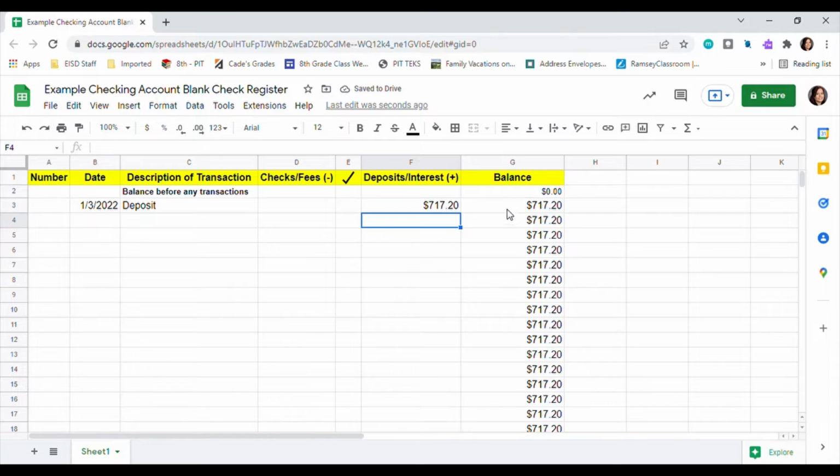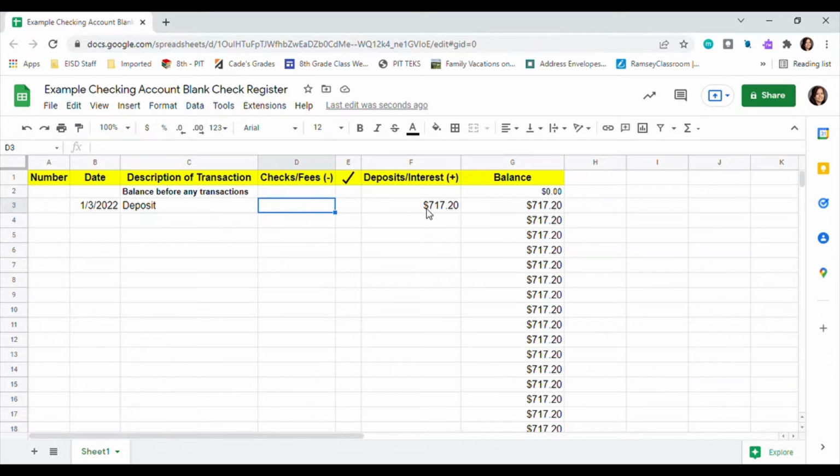Also, I've already set up your Google Sheet so that you have a formula over here in column G that knows that it either needs to add if something is put into column F, or it needs to subtract if something is put into column D from the previous balance. So as you can see, my previous balance was here in cell G2, and it was $0 because we just opened the account.